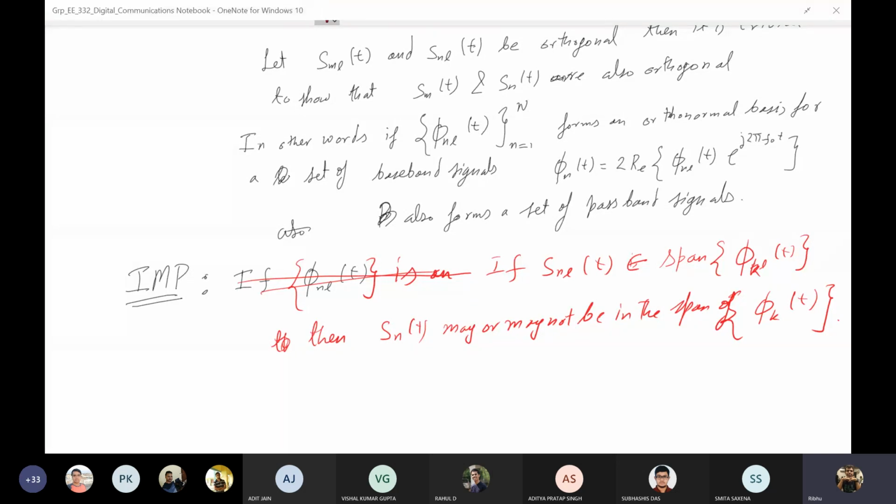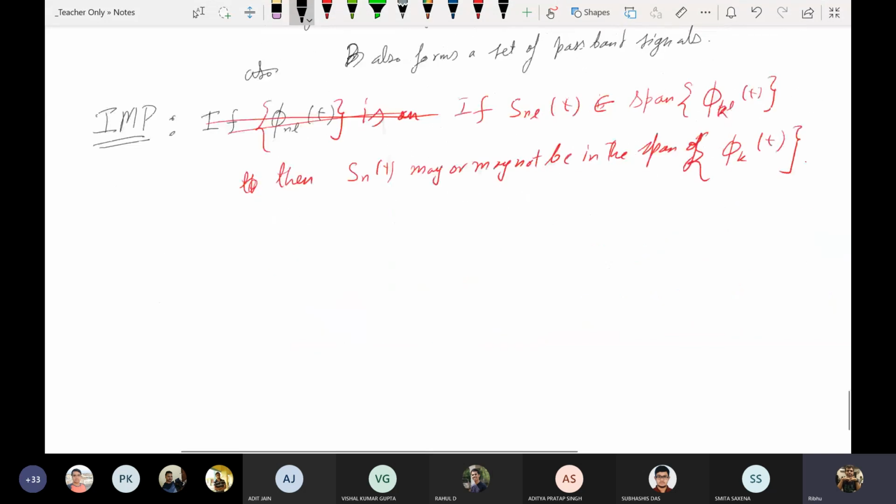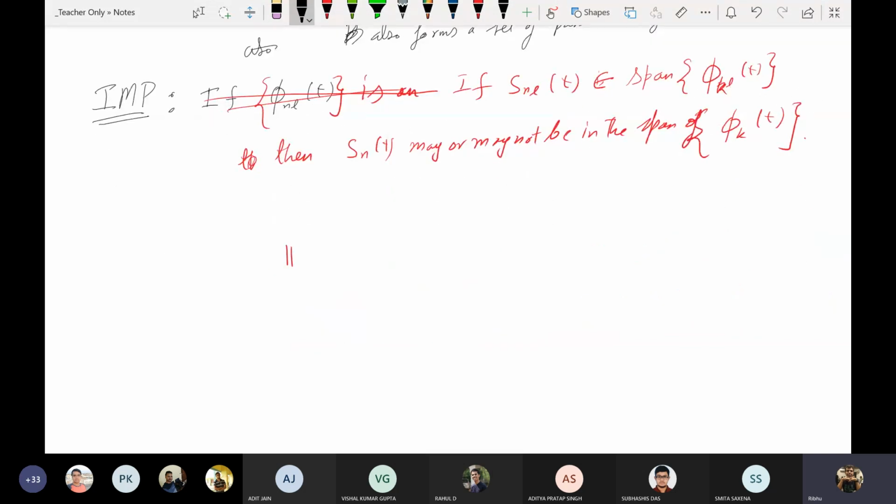So now I'll turn to Smita's question. Okay, the ink color change hasn't happened again. So let's take this example, vector x in R^N.